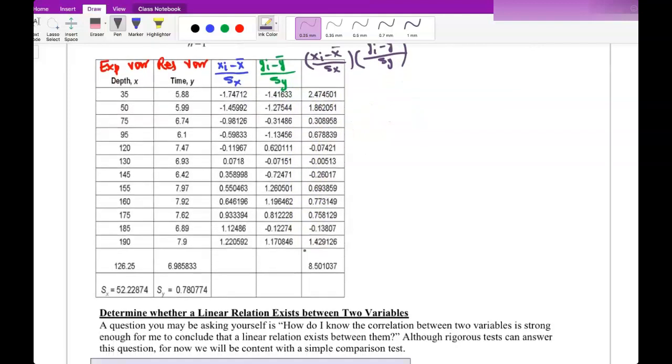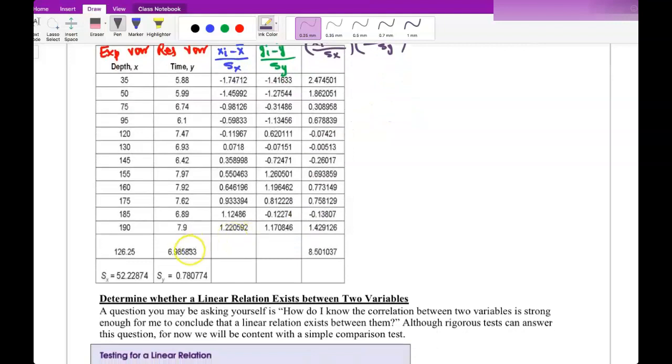And this is x bar, and here is y bar. So we have the sample mean and sample standard deviation, and here also the sample mean and sample standard deviation for x and y. And what this number is, this is the sum of all these points.